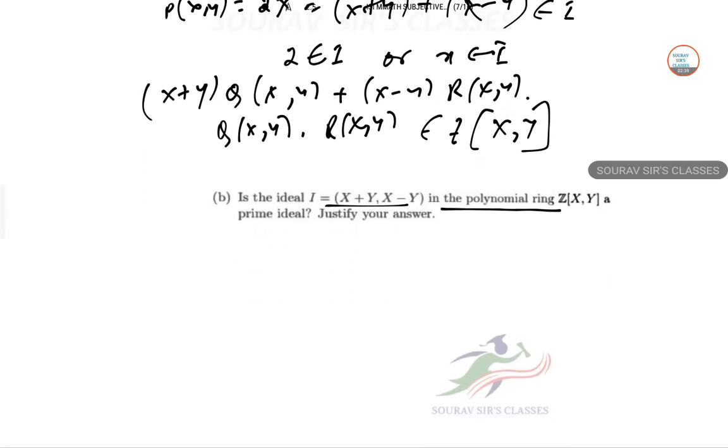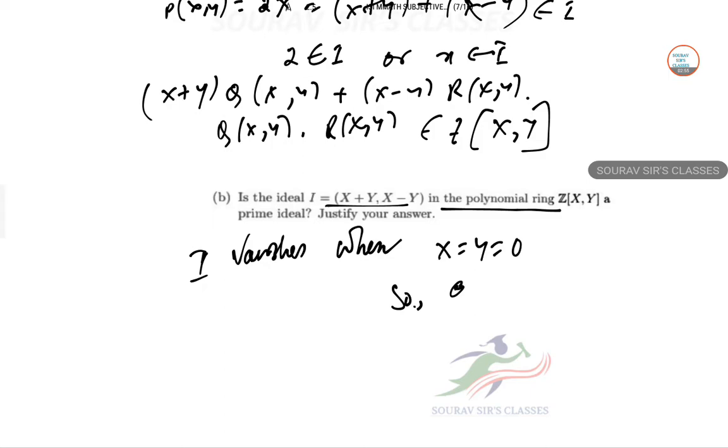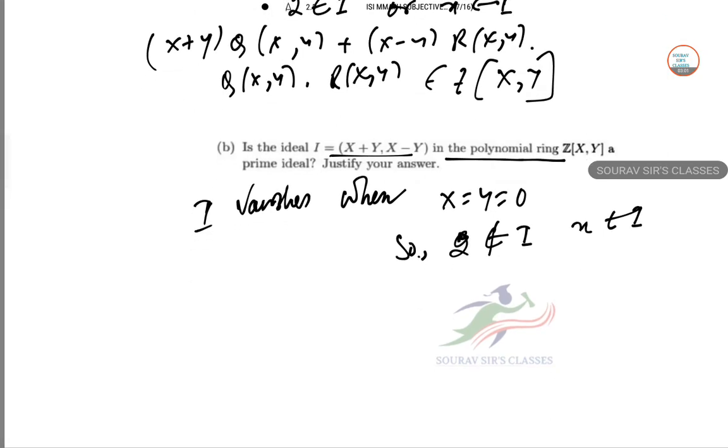In particular, an element of I vanishes when x equals y equals 0. So that is 2. So 2 does not belong to I, so it follows that x belongs to I.